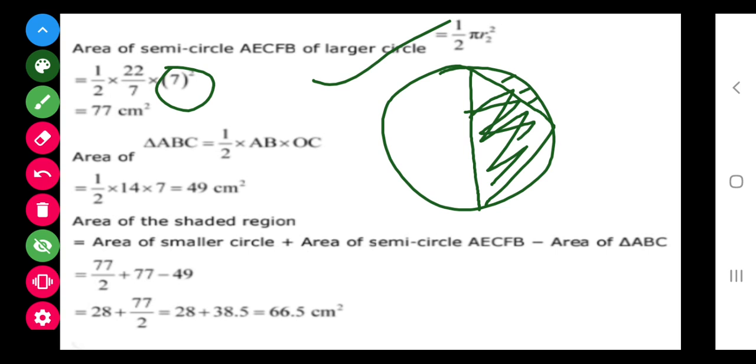Then the area of this part is half base into height. This is the base, that will be 2 into 7, 14, the diameter, and this is the height, as given, this is perpendicular.